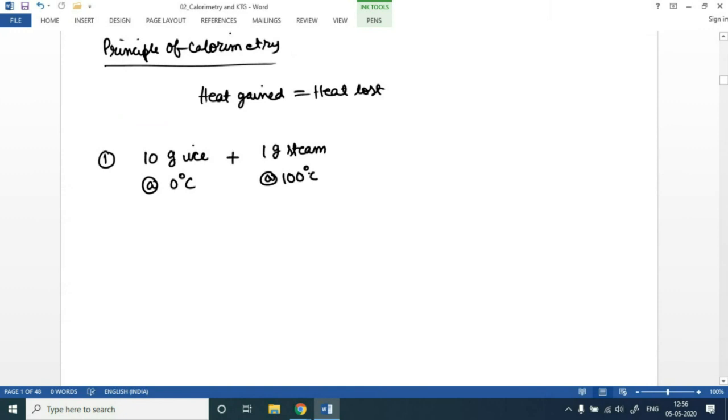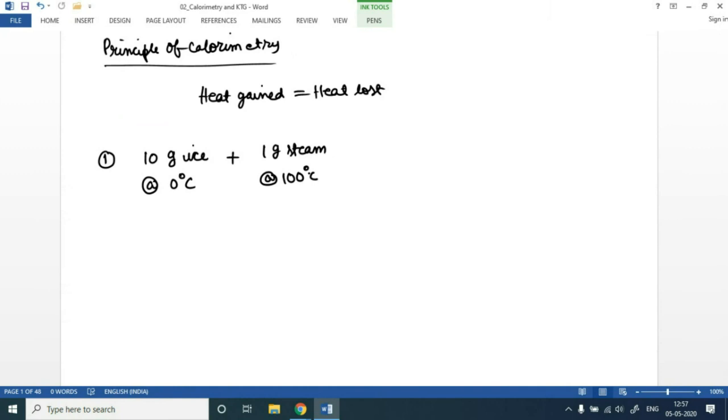We wish to find the final composition of the mixture, meaning how much ice, how much steam, and how much water is left in the mixture, and what the equilibrium temperature would be if we allow it to settle for a long time. These are all the things we want to find out.